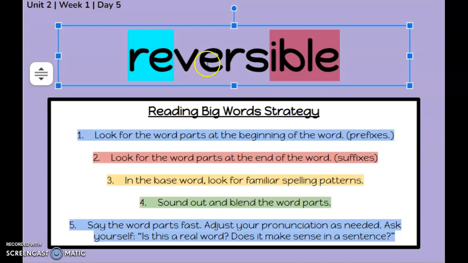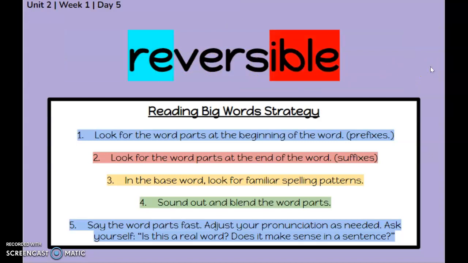Reversible. I have heard this word before because I have a shirt that is reversible. That shirt I can wear both inside out and right side out. It's reversible.